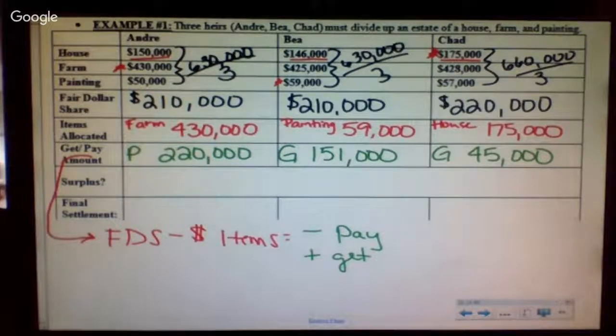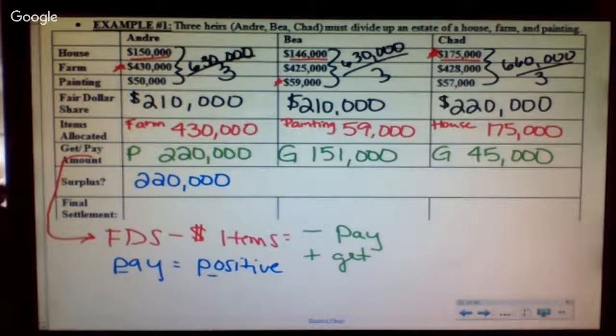Your surplus, we take this get/pay amount and put it into a savings account. If I'm paying into my savings account, is that going in as a positive or a negative? Positive. If you're putting money in, you're paying into the account, it's going in as a positive. So think about it this way: pay equals positive.